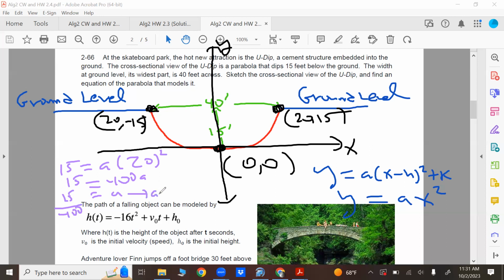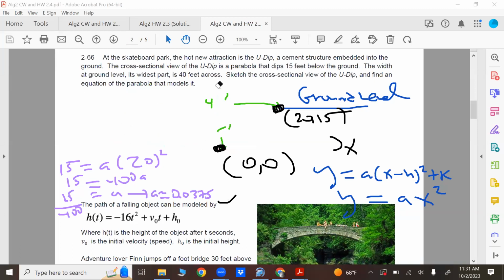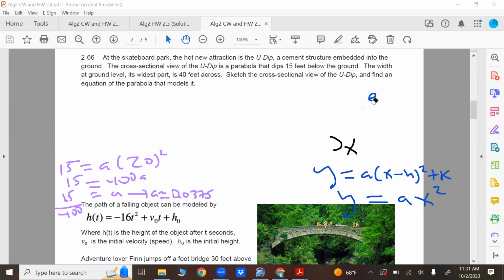Or you can say a is 0.0375. Okay, we're cool. So the answer is going to be y equals 0.0375x squared.